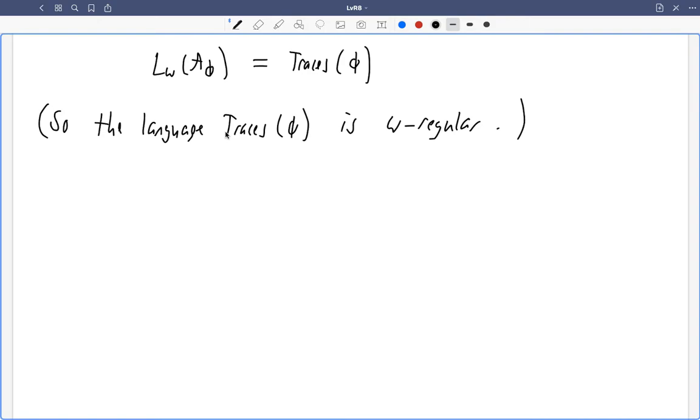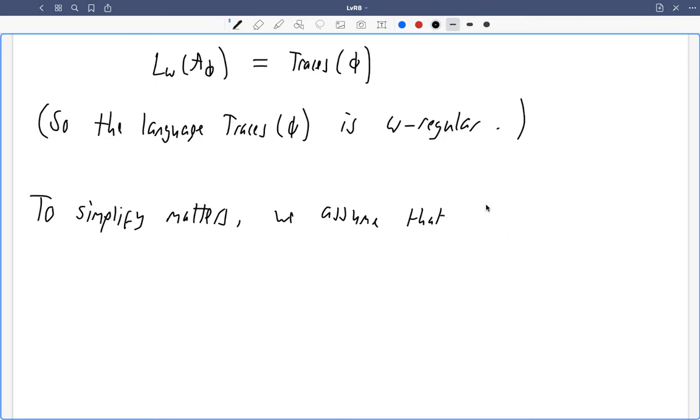So, to simplify matters, we're only going to use a subset of the connectives of LTL.